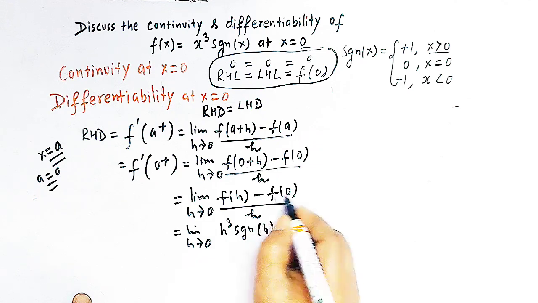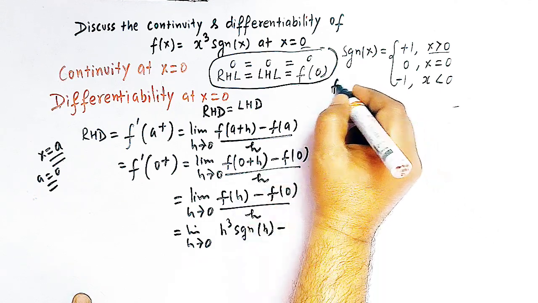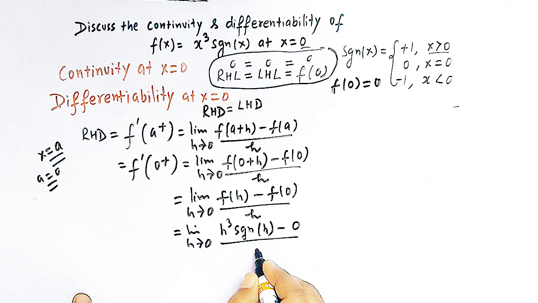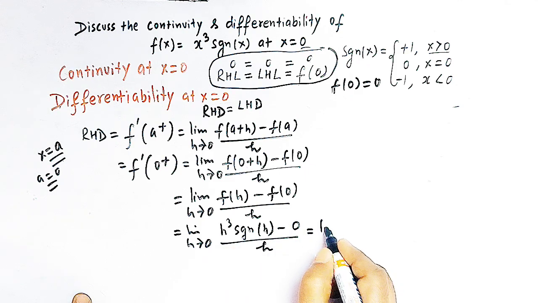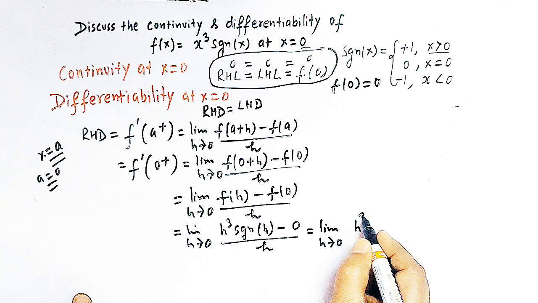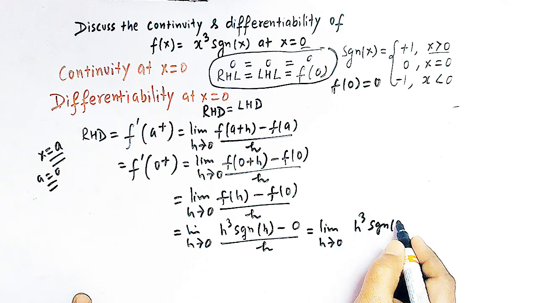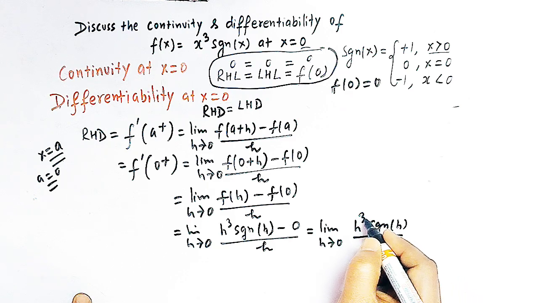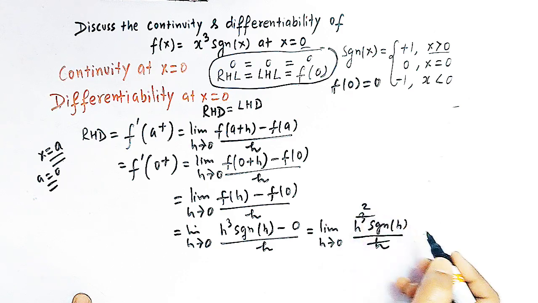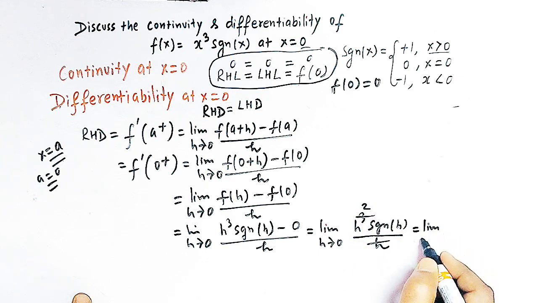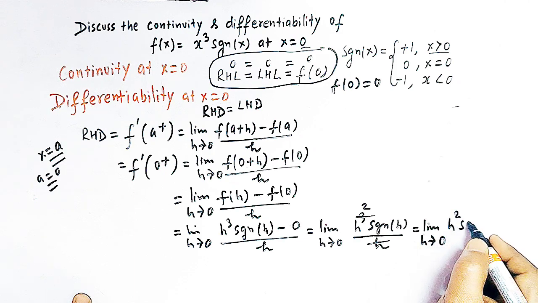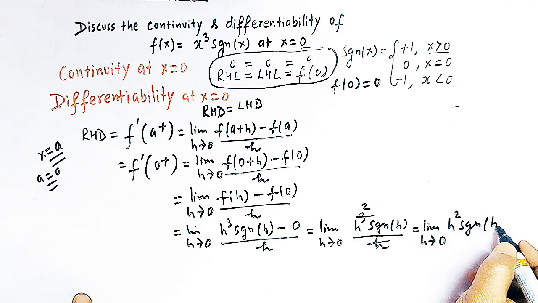Okay, and here f of 0, as we have just calculated, is equal to 0, and here we have h. Now we can simplify it, and we have h cube and signum of h divided by h, and this h and this h get cancelled, and we have limit h tends to 0, h square, and signum of h.